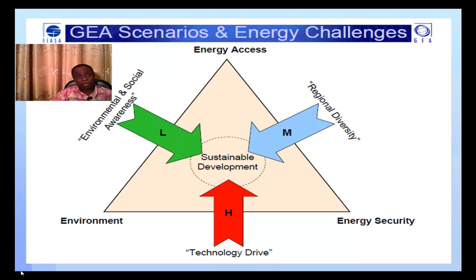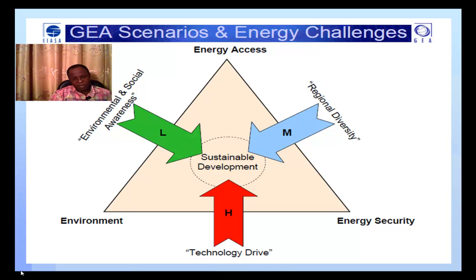But the other co-chair was Professor Anand Patwardhan from India, and the work was supported by the International Institute for Applied Systems Analysis based in Laxenburg in Austria, and we had Professor Nebojsa Nakicenovic, as well as Luis Gomez Echeverri, leading the secretariat that underpinned this assessment.